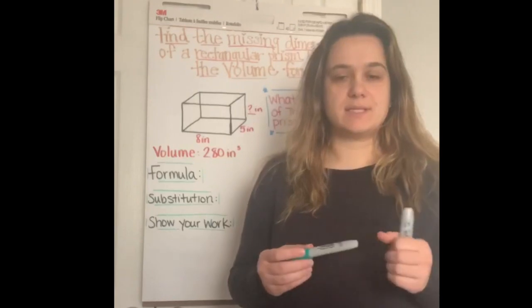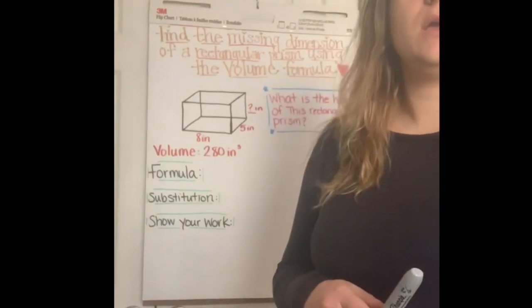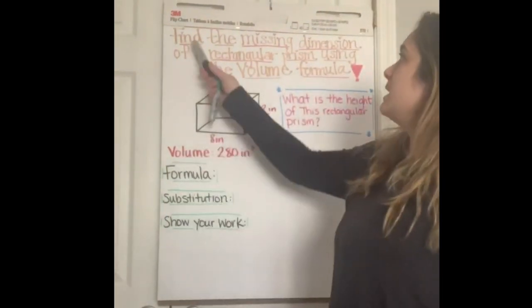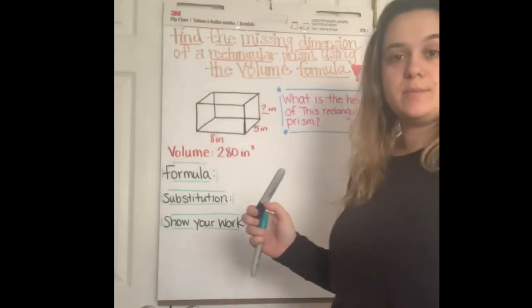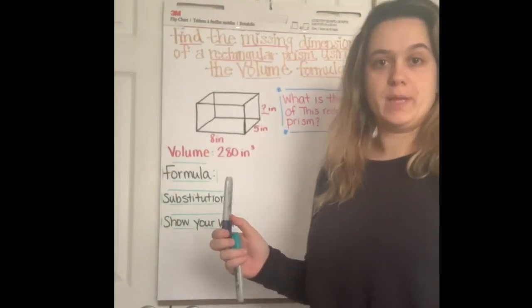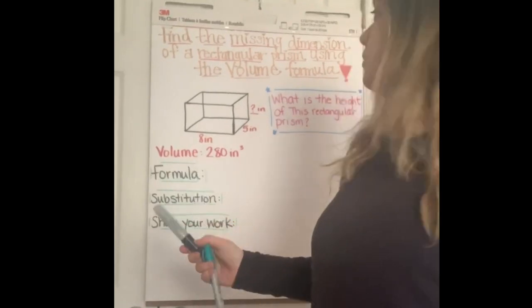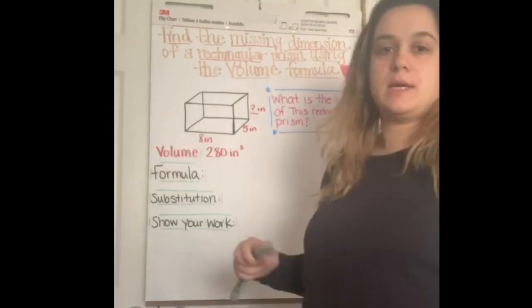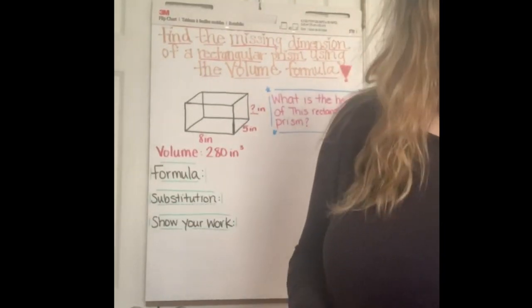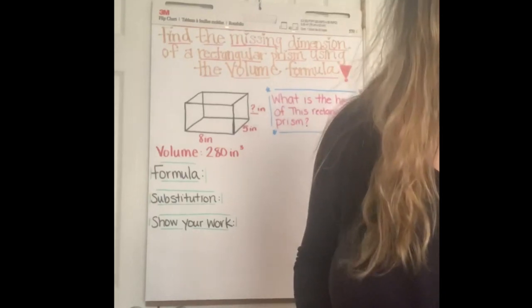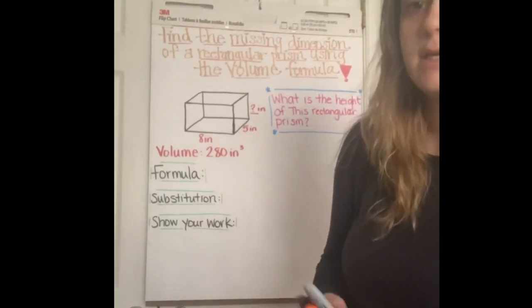Hi, 607 and 608. Today we are going to find the missing dimension of a rectangular prism using the volume formula. So here we have a rectangular prism, and let's identify our dimensions here.